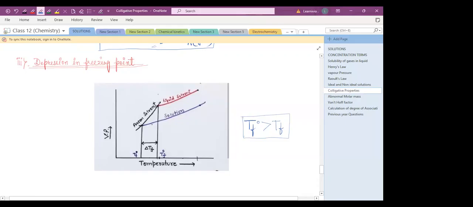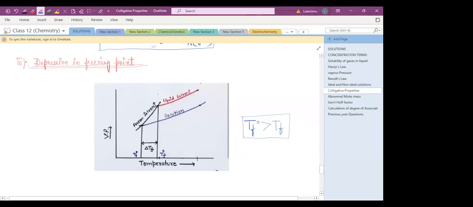See this blue color line, this is the solution curve, right? The solution contains solvent plus solute. You can see over here, when you add the solute into the pure solvent, the vapor pressure decreases, and the freezing point decreases. Now see, what is the freezing point?